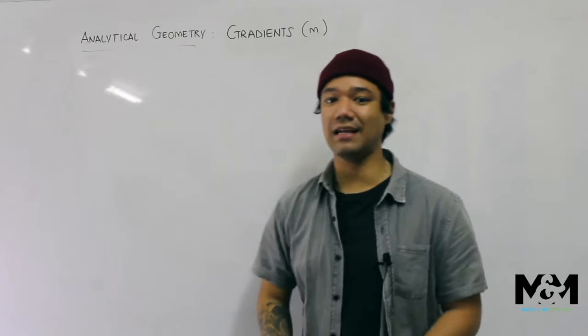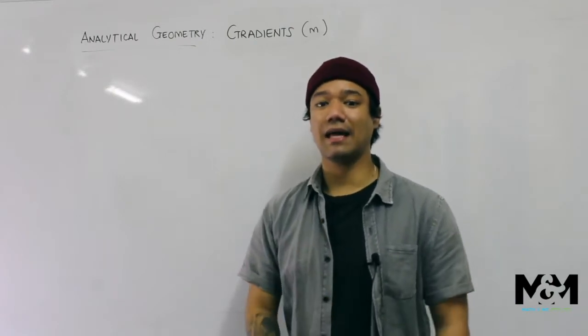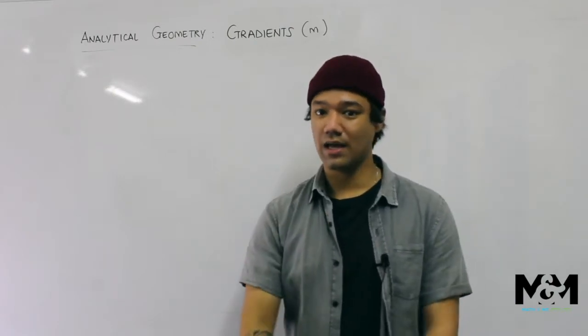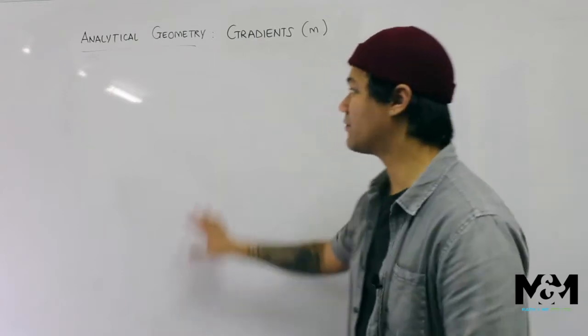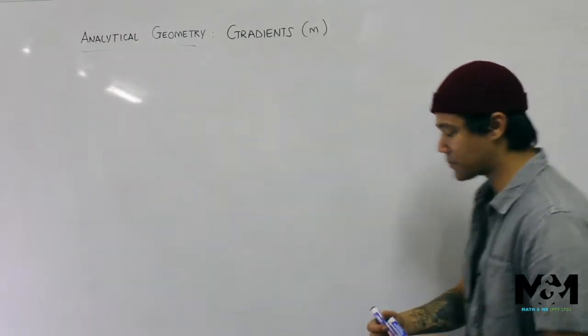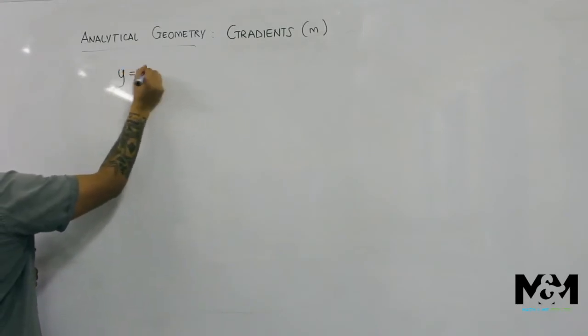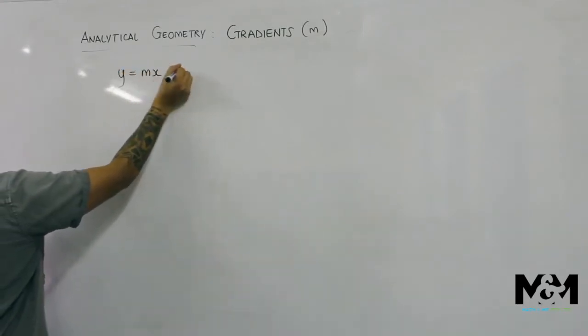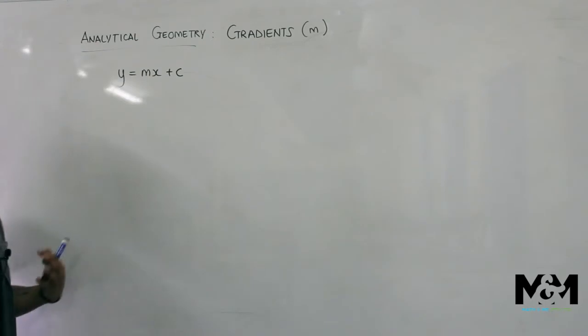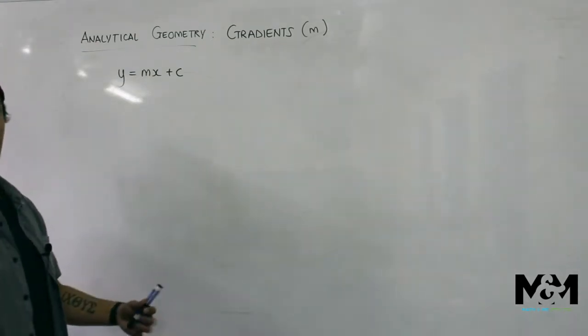From a grade 10 knowledge, we know there's 3 ways, and in grade 11 you learn an additional way that involves gradients as well. So I'll first touch on these 3 ways. We know straight lines have the function y is equal to mx plus c, or ax plus q, depending on whatever your teacher taught.